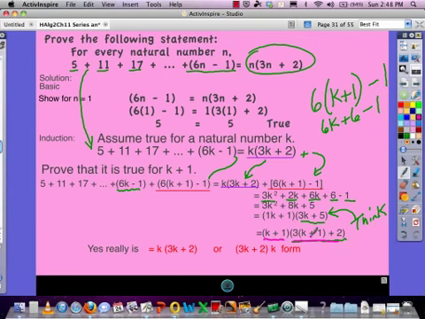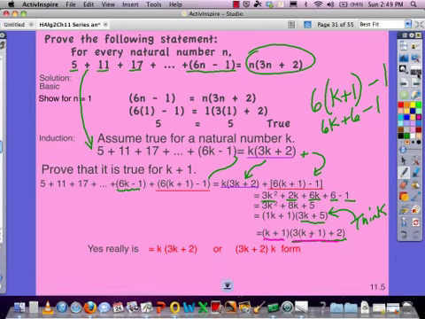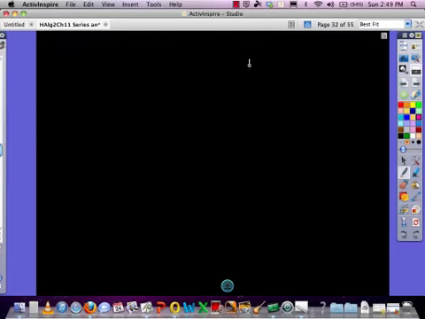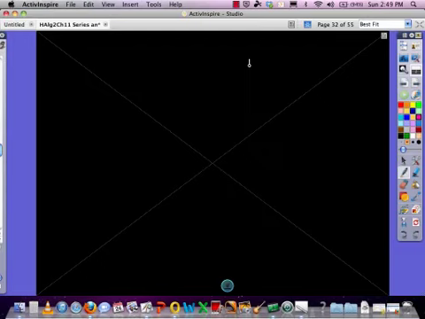Now, that's a little tough, but that's where we are headed. Okay, so we are going to be working in groups here in class, and we want to prove this. So if you want to take a look at it and try how you would write it, we are going to break a couple of them down in class together and see if we can prove them.